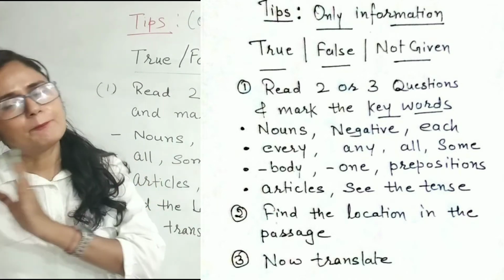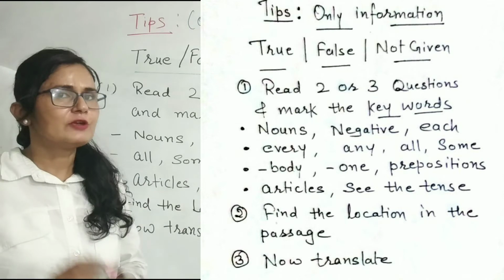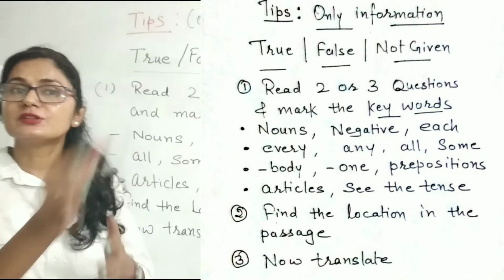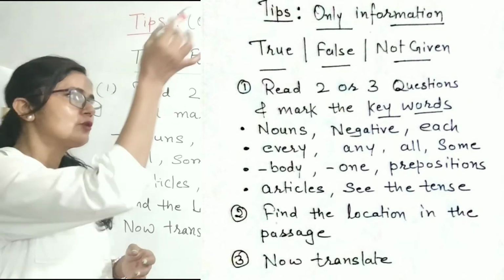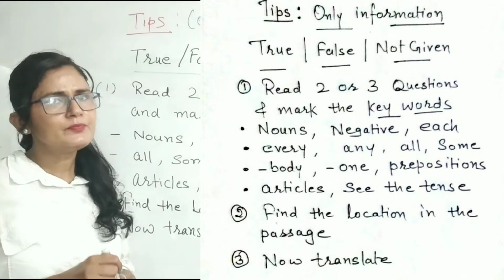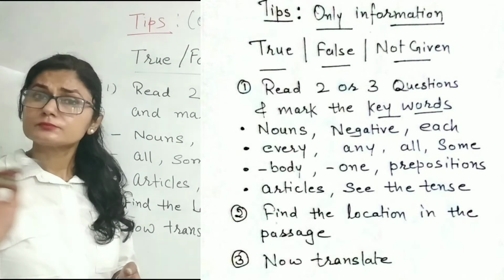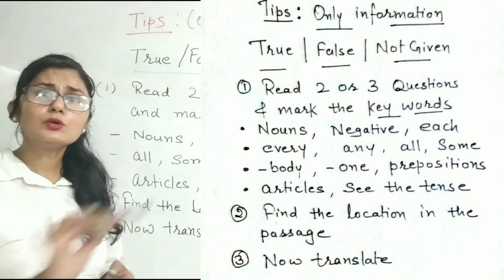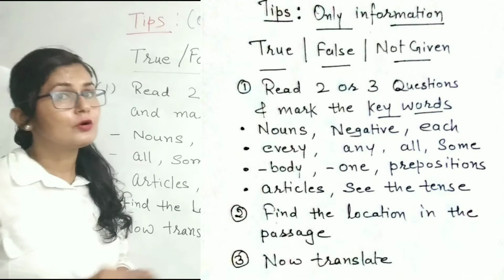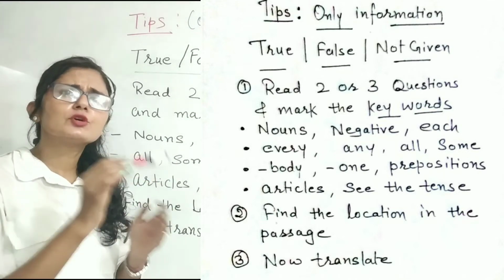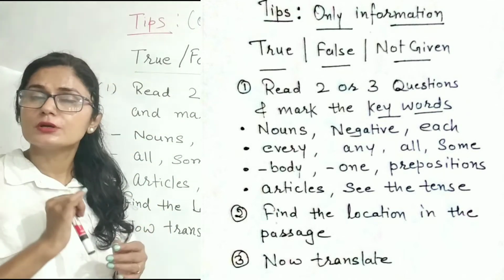So, after completing all the questions, if you have gotten 5 questions or 6 questions or 8 questions in your exam for true, false, not given or yes, no, not given, after completing all the questions, then you can go back to your first question or whatever question you have doubt about.